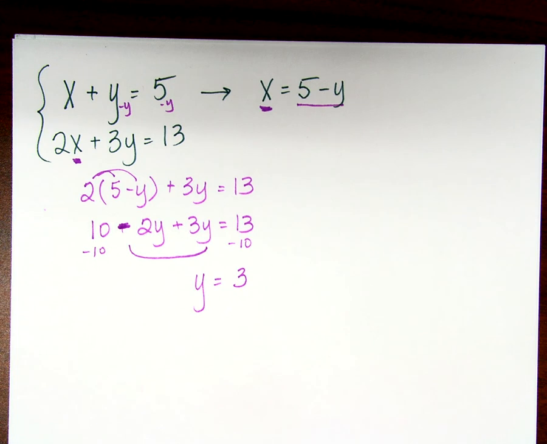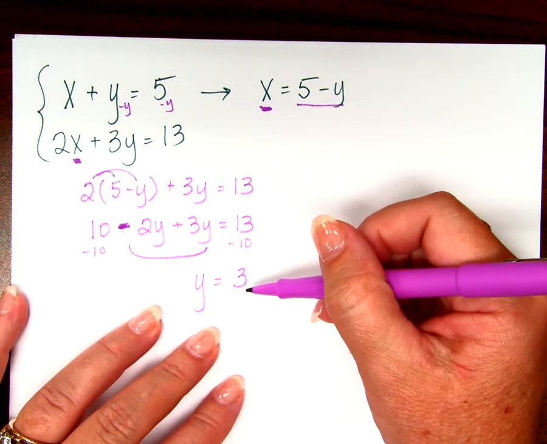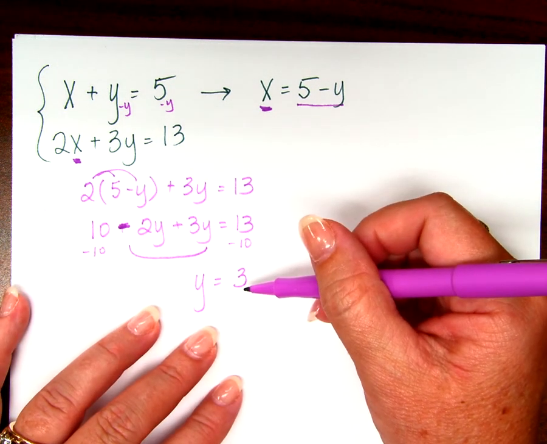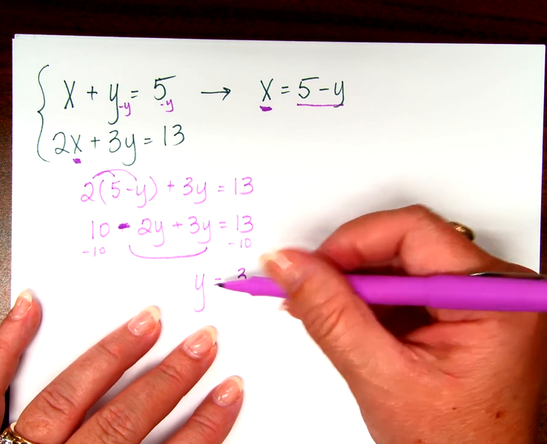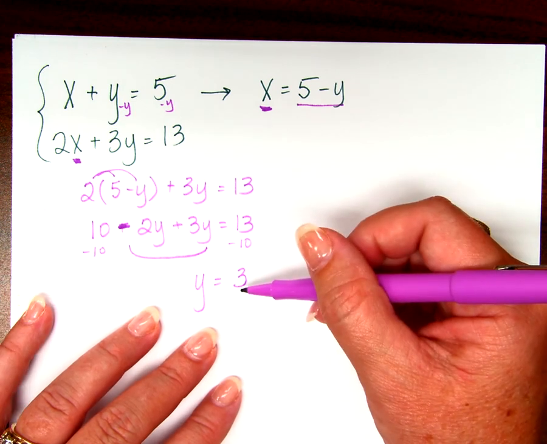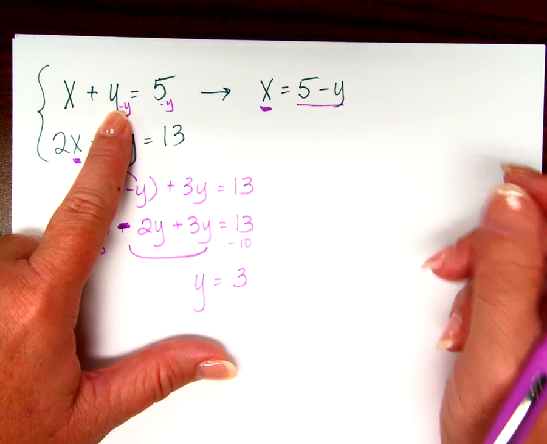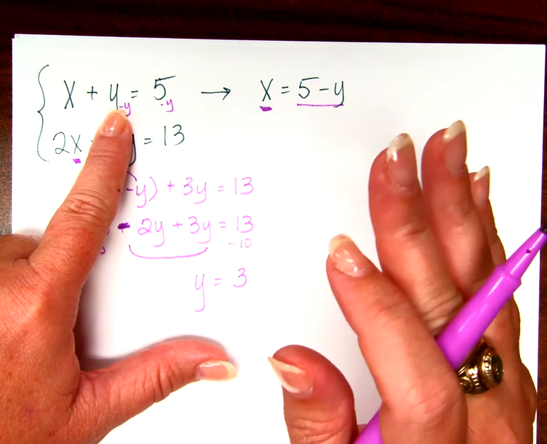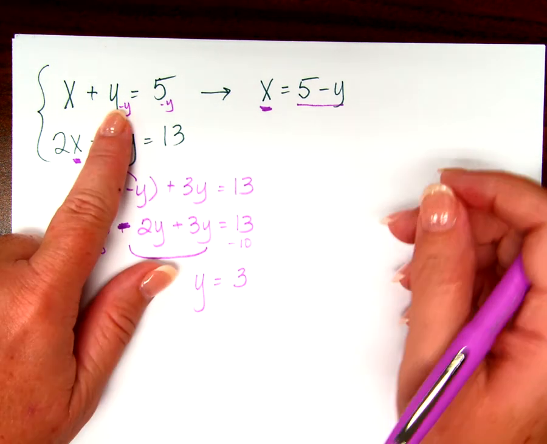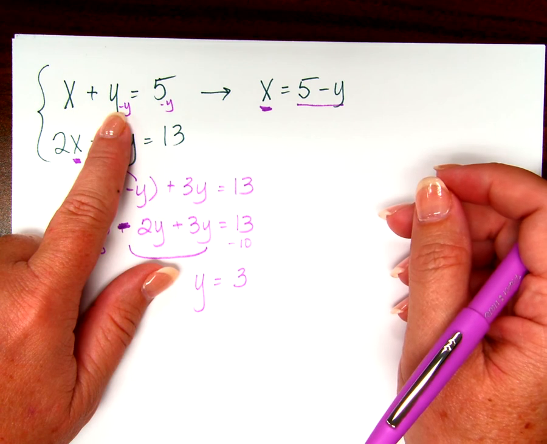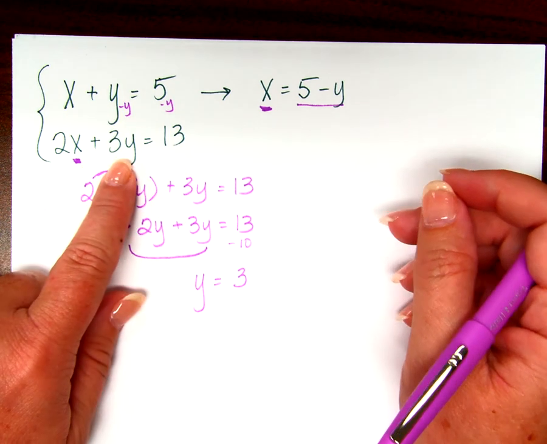Oh, man. I know I'm looking for a coordinate point, right, as my point of intersection. y equals 3 is not a point. It's just a y value, isn't it? So I could take this y and put it here, couldn't I?